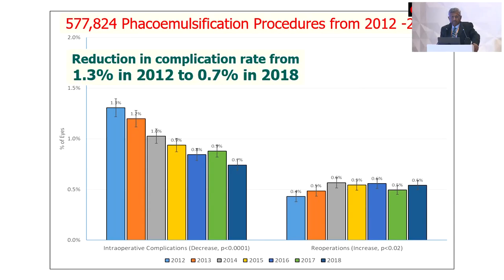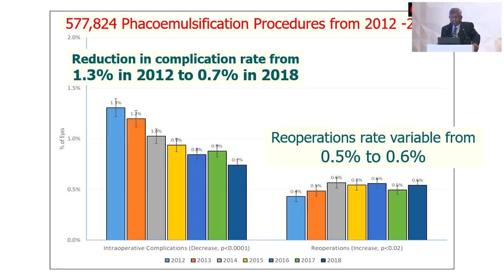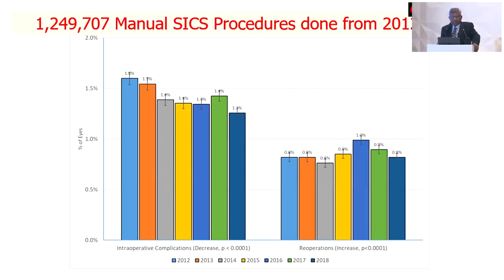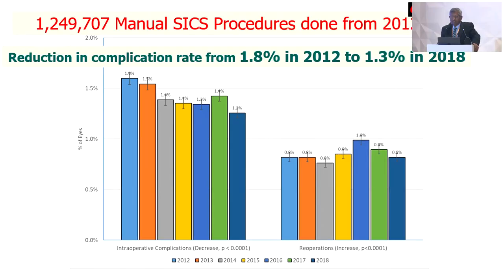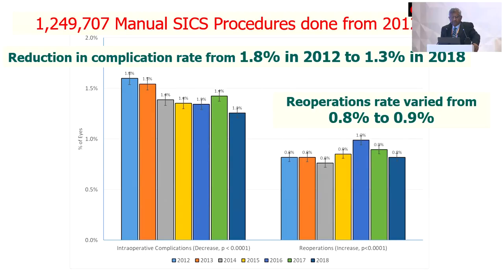And we were able to show that there is a reduction in the complication rate from 1.3% to 0.7%, while the re-surgery level remained the same. And again, when we had done about 1.24 million manual small incision surgeries, the complication rate has dropped from 1.8% to 1.3%. And again, the re-operation rate did not change.